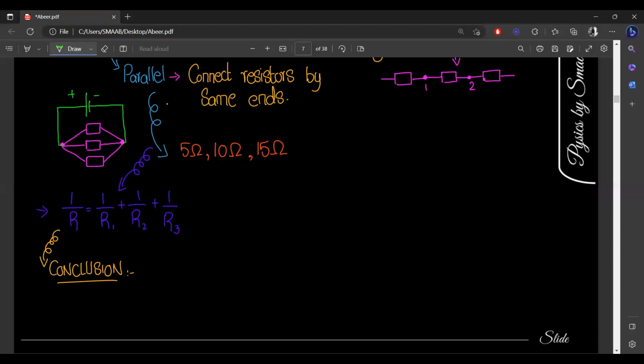So in the exam, you know that they ask with reference to equivalent resistance, final resistance, total resistance. So this R basically represents the equivalent resistance.